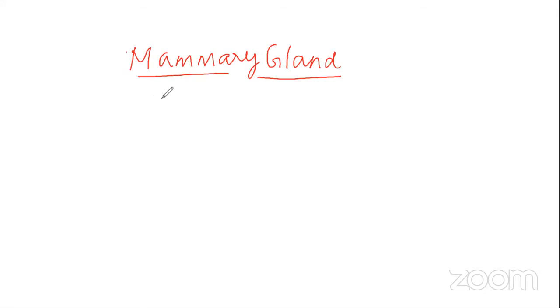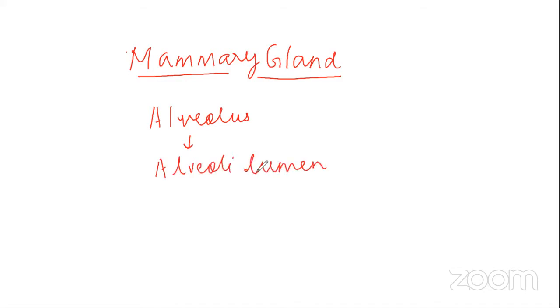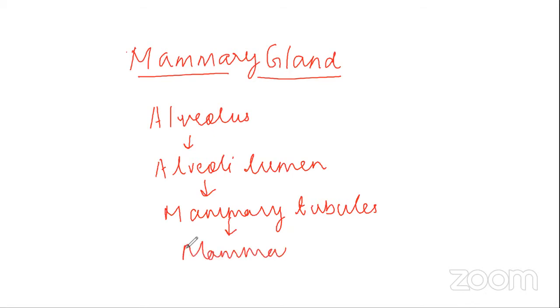There is this alveoli, then there will be the alveoli lumen, where milk is produced. From there, it travels to the mammary tubules. That means the various ducts of the alveoli form the mammary tubules. Mammary tubules unite and form the mammary ducts.